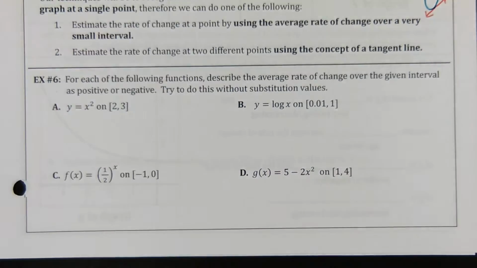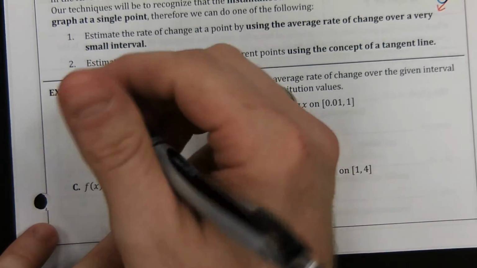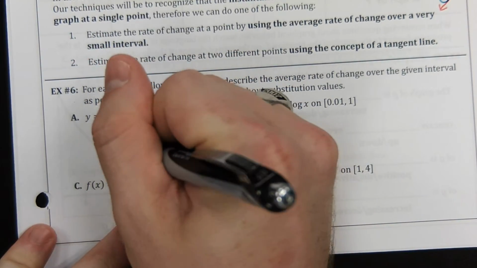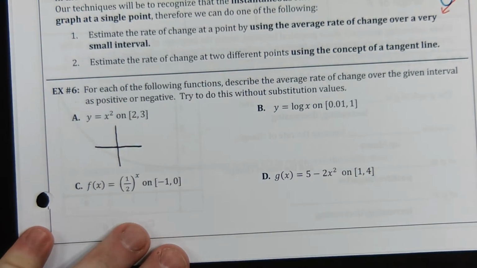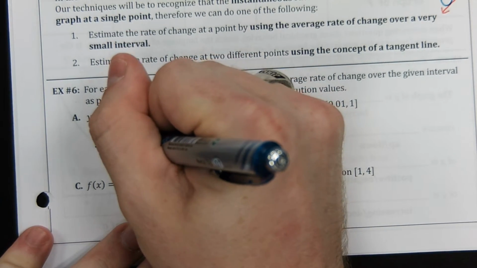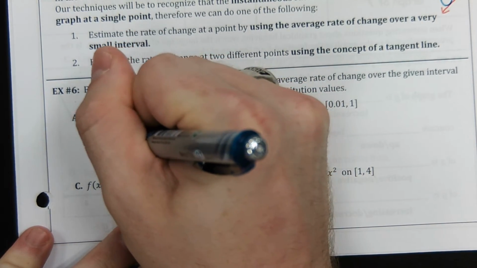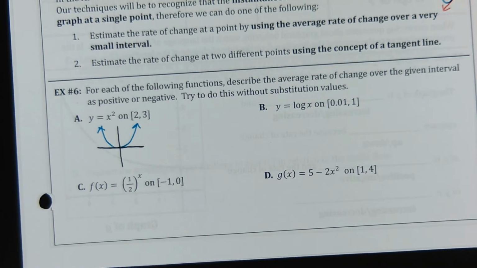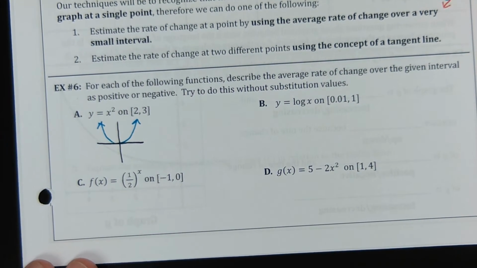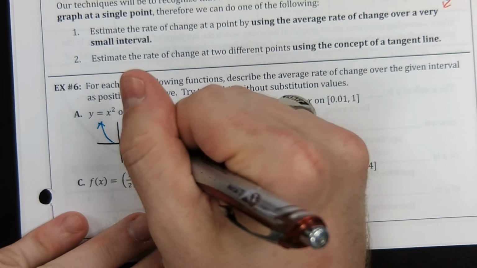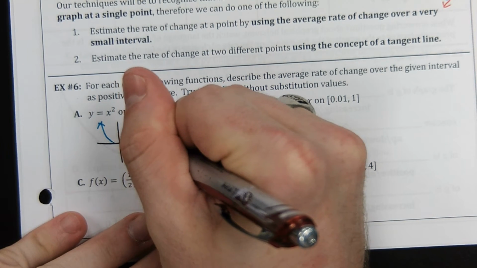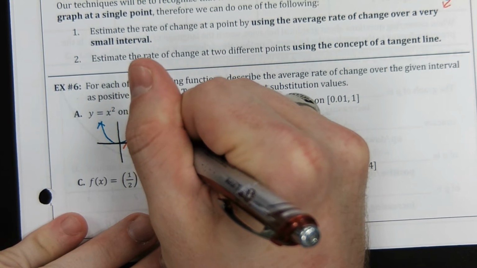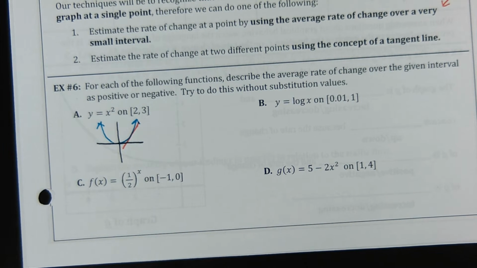So hopefully, we all know that this graph looks like this. And the numbers x equals 2 and x equals 3 are on the right side. So my tangent line would look like this, between 2 and 3.